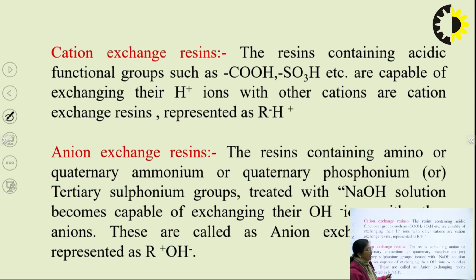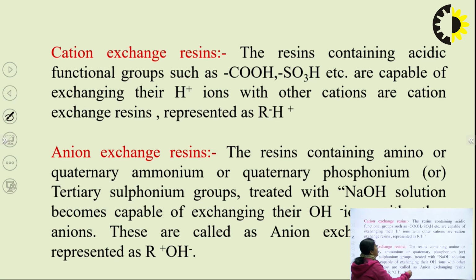Now, cation exchange resins contain acidic functional groups like carboxylic acid or sulfonic acid groups, which are capable of exchanging their H+ ions with the other cations present in water.